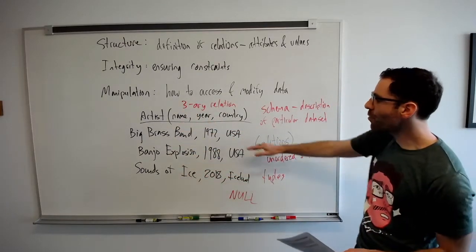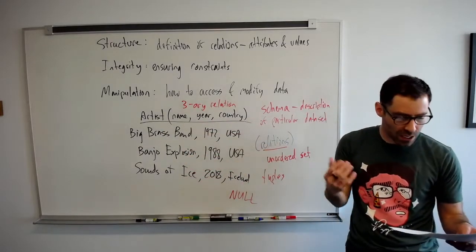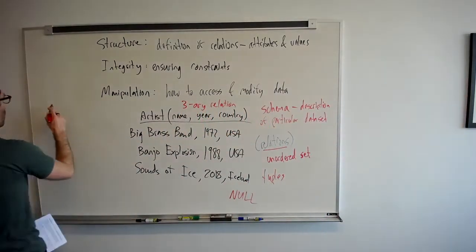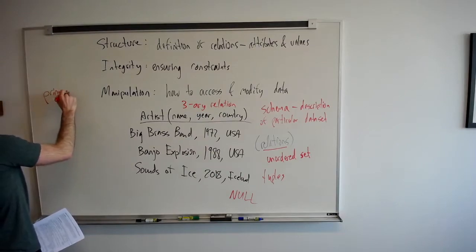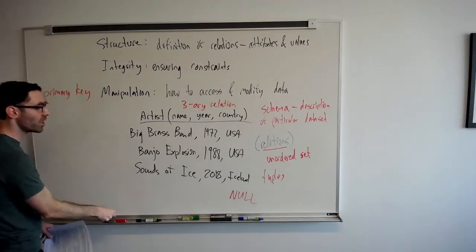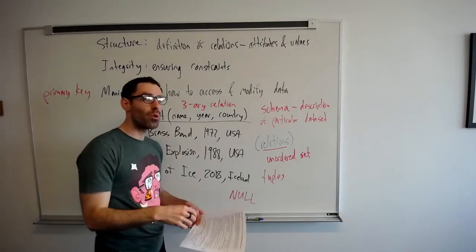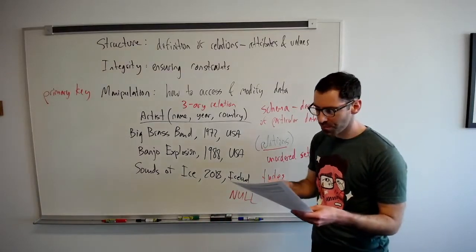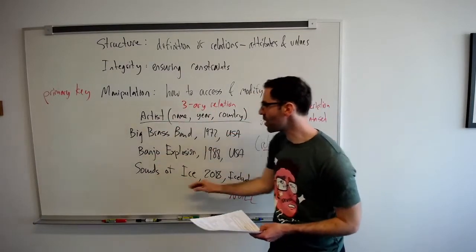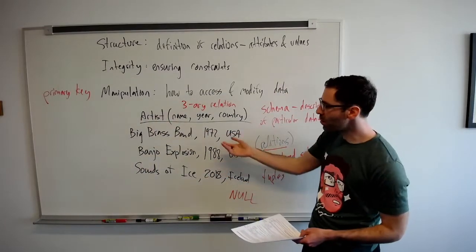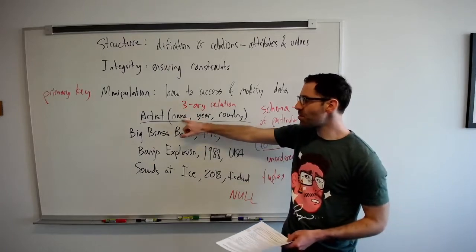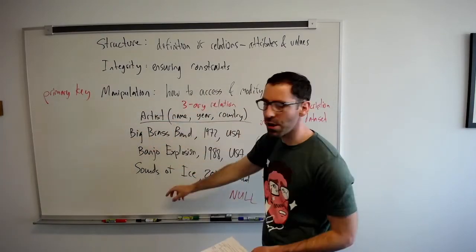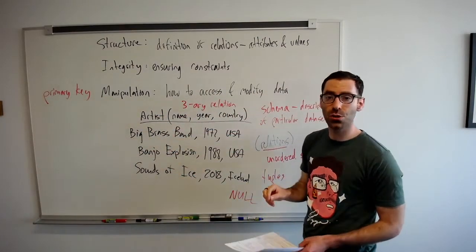Every tuple in the relation needs to be unique, and there's this idea of something called a relation's primary key, which is the attribute or attributes that uniquely identifies every tuple in the relation. And in our artist relation here, you might say, well, name seems like it might be a reasonable choice for our primary key, right? We need to choose an attribute that is going to uniquely identify each tuple in our relation.